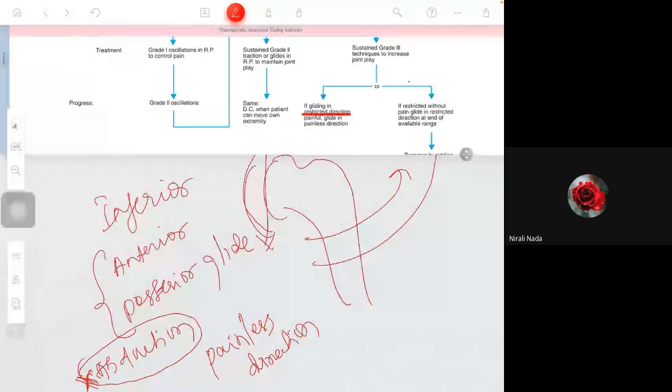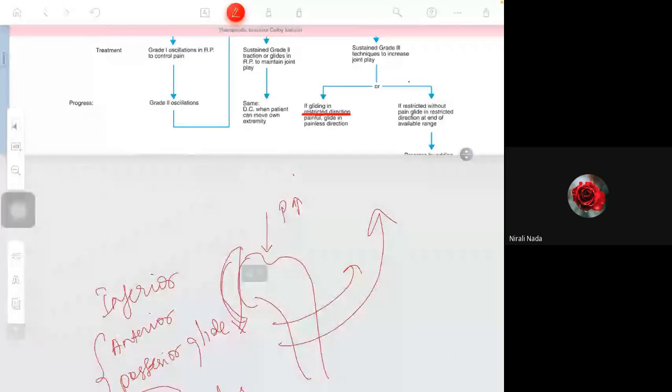Clear? Now, again read this sentence, you will understand. If gliding in inferior direction, that is restricted direction, is painful, then glide in the painless direction.